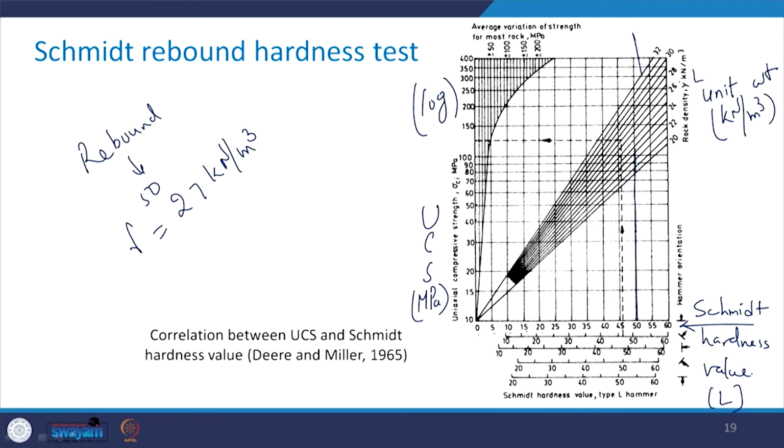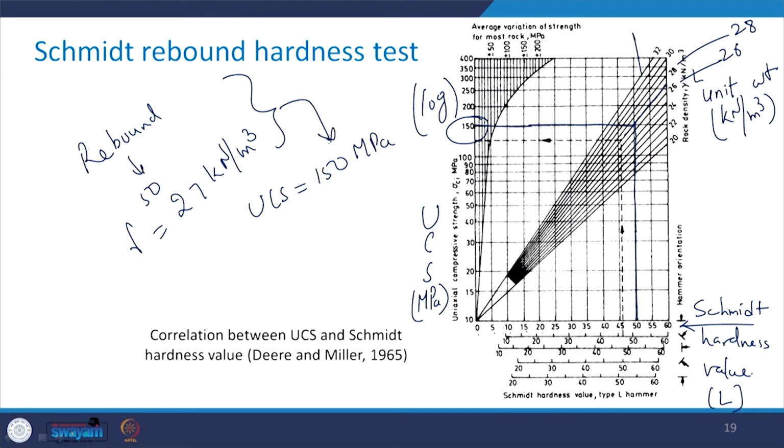Now, this is 26 and this is 28 kilonewton per meter cube, and in between, this line is for 27. So, we take it here, and wherever this vertical line intersects, that is at this point. You just draw a horizontal line from this point, and in this case the UCS is coming out to be 150 MPa corresponding to this reading.